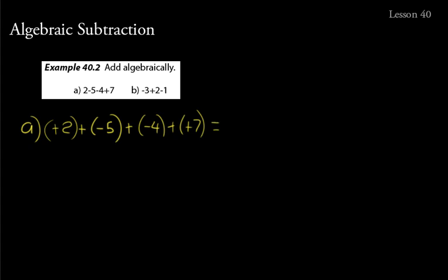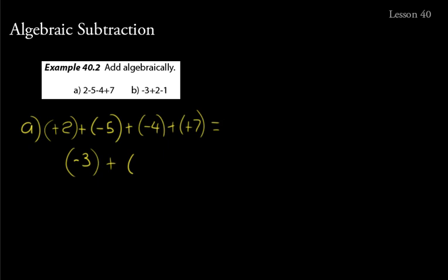Okay, now let's add in pairs. 2 plus a negative 5. Think about moving to the right positive 2 on a number line and then back 5 the other direction. You'd have a negative 3. Okay, put that in parentheses. Plus, then we have a minus 4. So to the left 4, to the right 7.